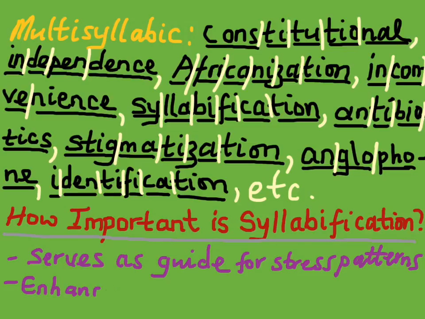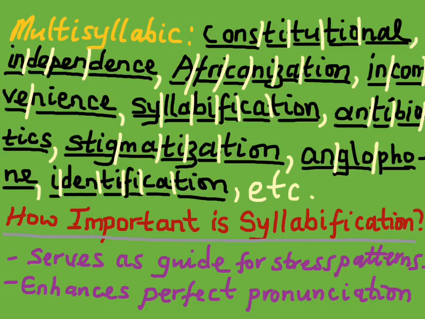Next, syllabification helps us in the enhancement of a perfect pronunciation in English. In other words, syllabification helps us to pronounce words well. Like already said, if we master how words are pronounced, then it is obvious that we will know how those words are spelled.